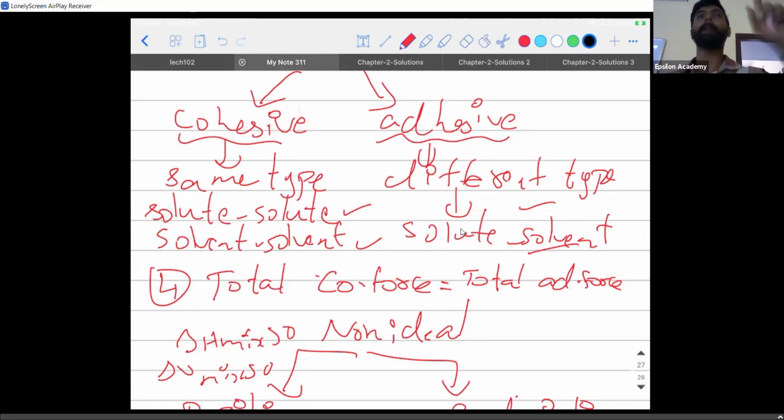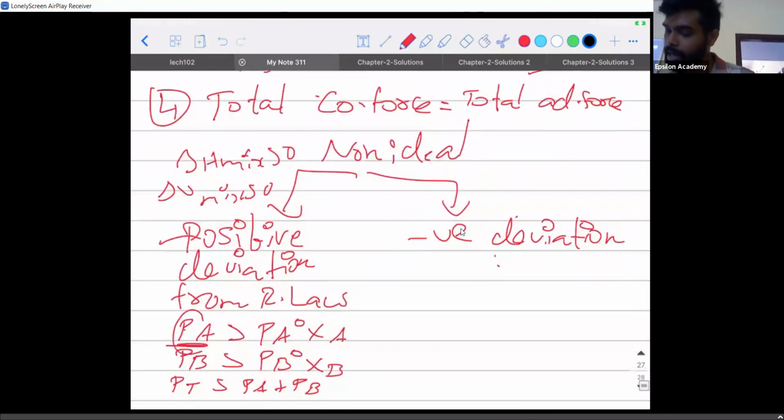If I compare PA naught and PA, PA is greater than PA naught. So when I had the pure liquid, the vapor pressure is less compared to the vapor pressure I have now in the solution.